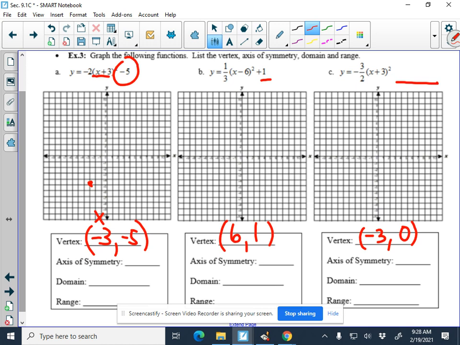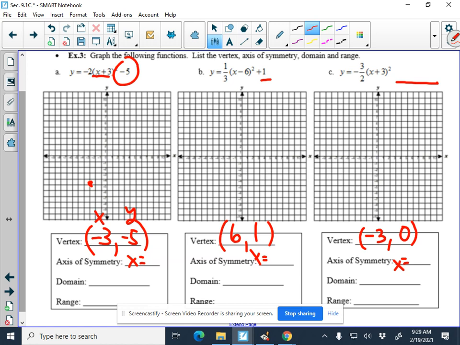Okay? Now, the axis of symmetry hasn't changed from what we learned yesterday. Axis has the letter X in it, not Y. So for axis of symmetry, on all of these, we say, well, x equals, x equals, x equals, and it should be staring us in the face because we have an x and we have a y.